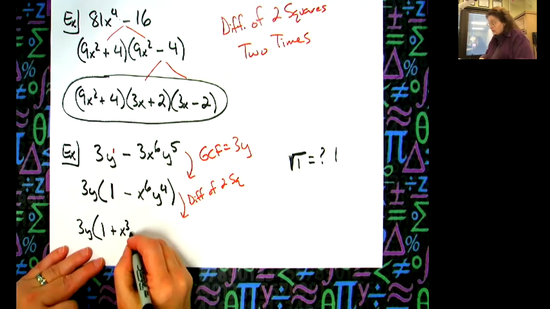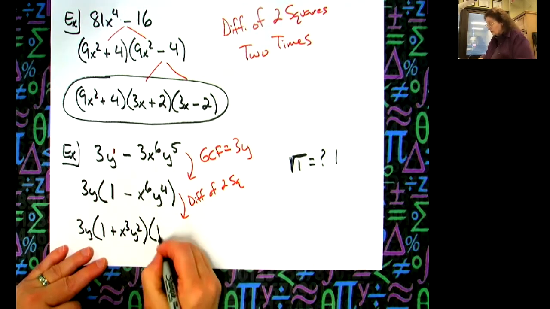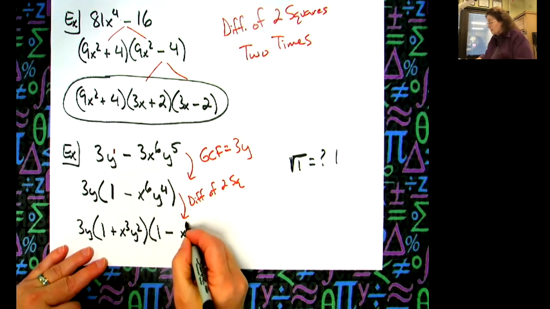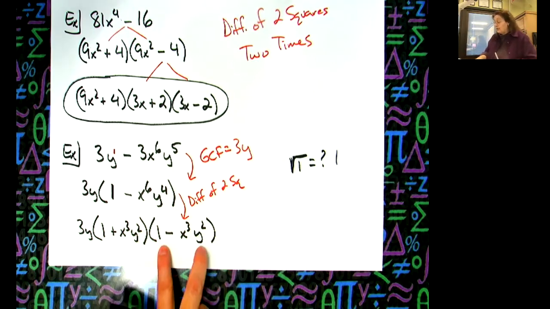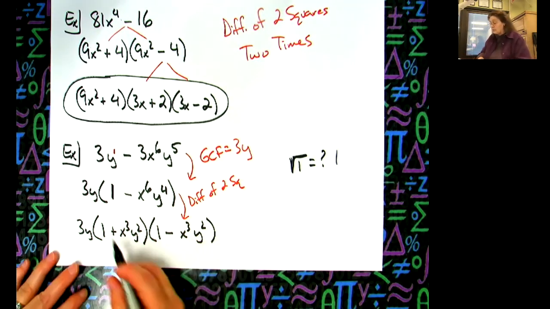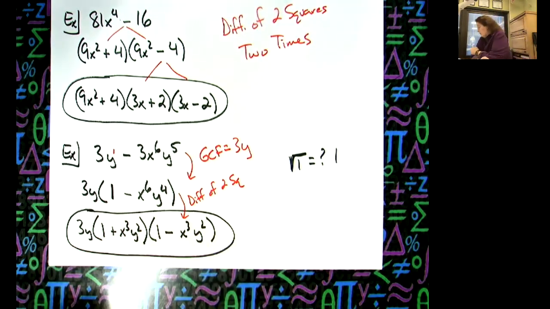So x to the 3rd y squared. And then I write it again with a minus: square root of the first one, minus, and then square root of the second one. And then looking at each one of these terms, I no longer have the difference of 2 squares because that's not a perfect square.